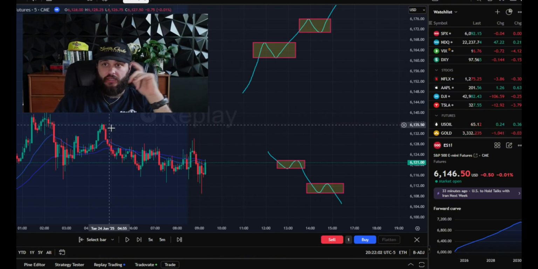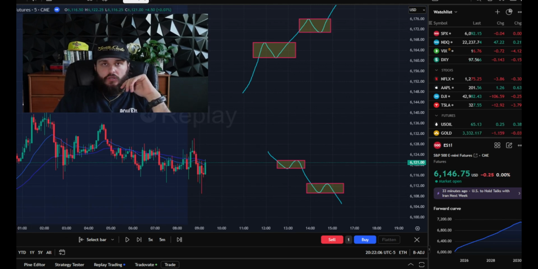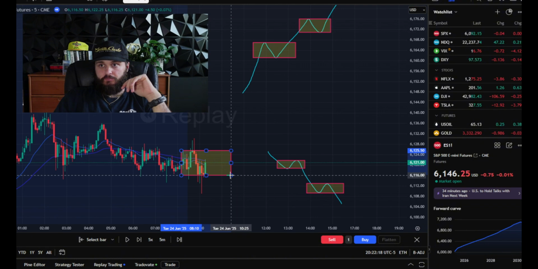And remember how it's defined, just between a high and a low point. So what I like to do is identify that high point and that low point right after the market opens, give it some time, and let it set up. And for me, it looks something like this, where we have our high point and we have our low point.